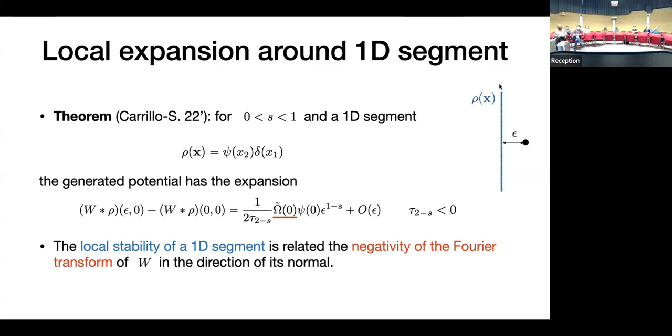So if you talk about the vertical segment, then it depends on the sign of the Fourier transform along the phi equals 0 direction, which is the normal direction to this vertical segment. If this Fourier transform value is positive, then you get some negative leading term, which means this cannot be a minimum.